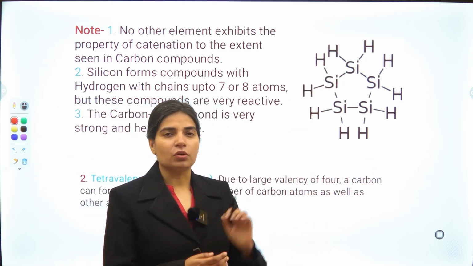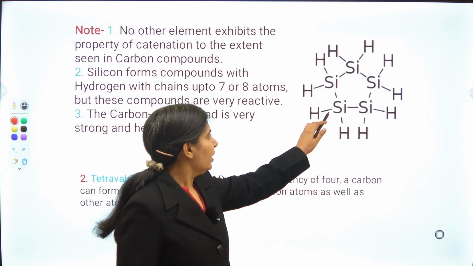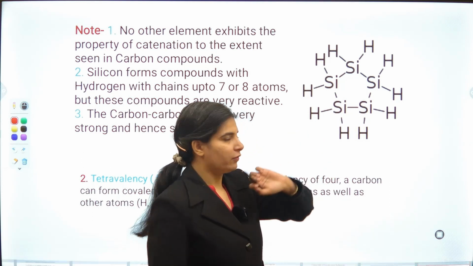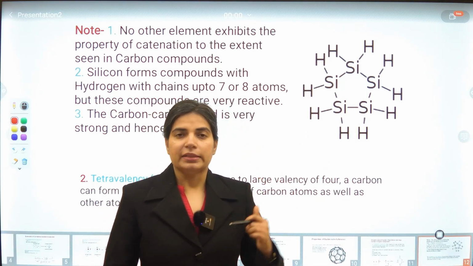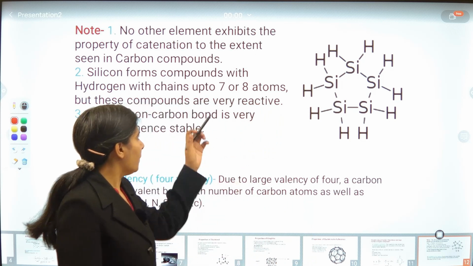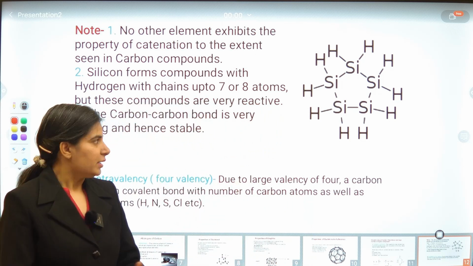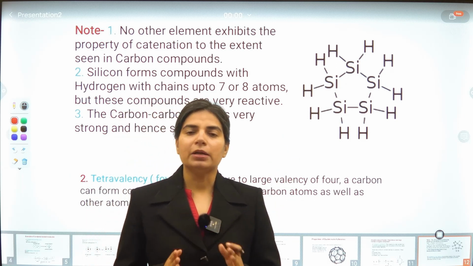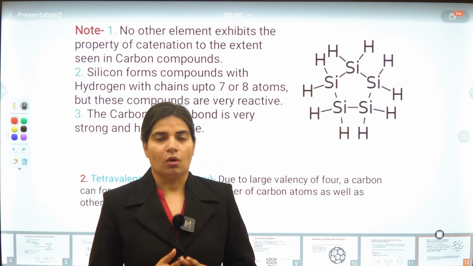Silicon can form a maximum of 7 to 8 atoms in a ring. Say this is a ring of silicon and here are 1, 2, 3, 4 and 5 silicon atoms. This is a 5-membered ring. Silicon can form a ring having 8 atoms, but not more than that. Why?